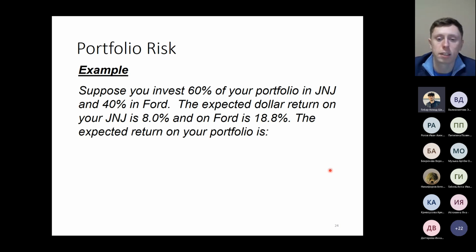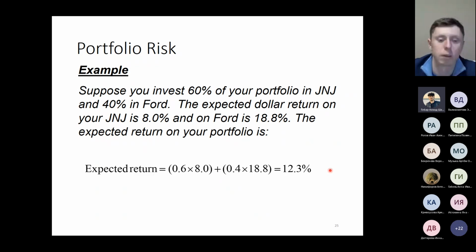Let's say you invest 60% of your portfolio in Johnson & Johnson's and 40% in Ford. The return on J&J is 8% and on Ford is 18.8. The expected return on the portfolio is something that we should estimate.